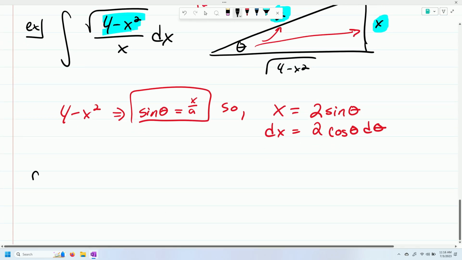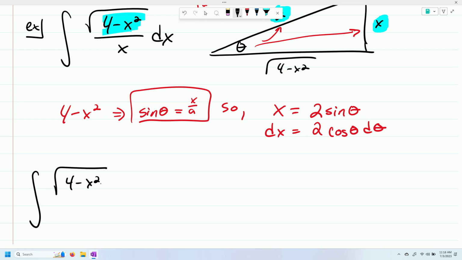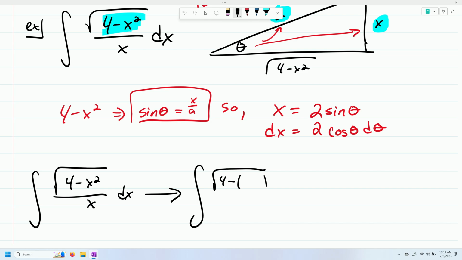We're going to get the integral of the square root of 4 minus x squared all over x dx, and that changes into the square root of 4 minus the quantity 2 sine theta, squared. Let me give myself a little bit more space here.